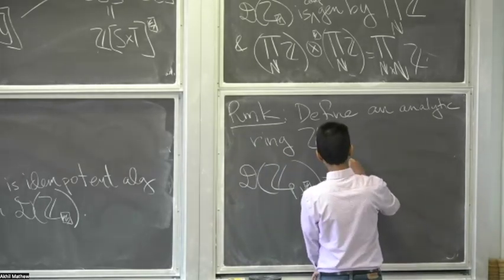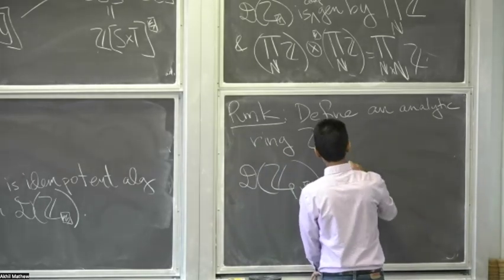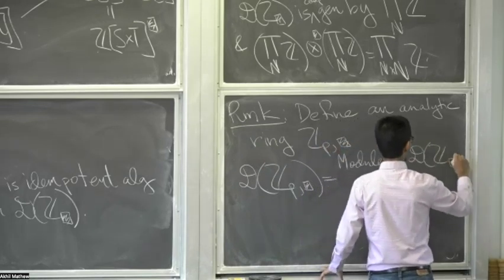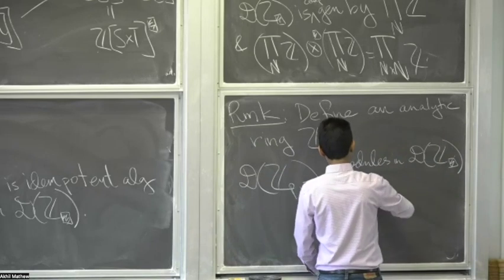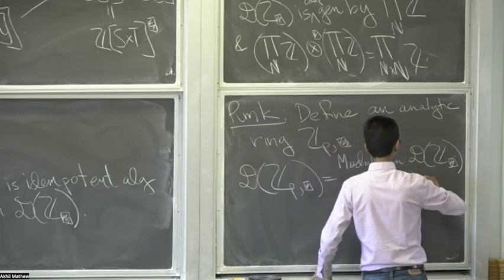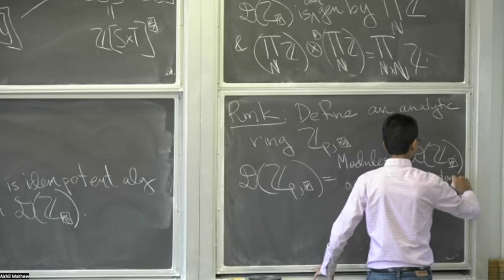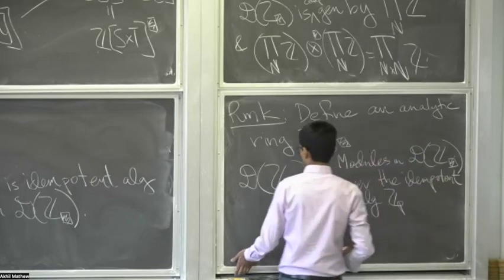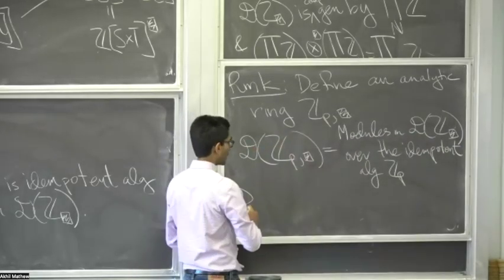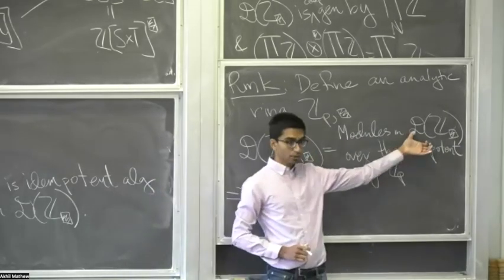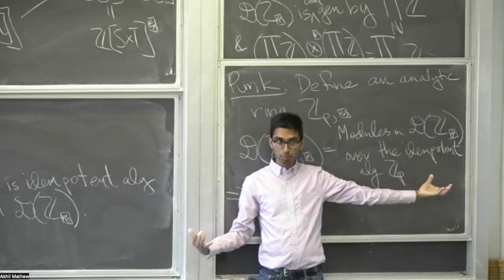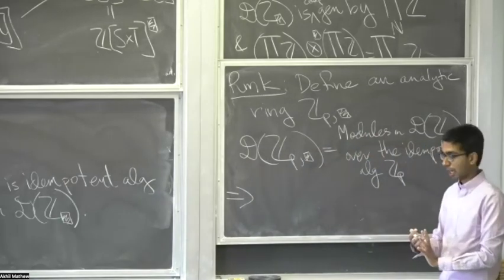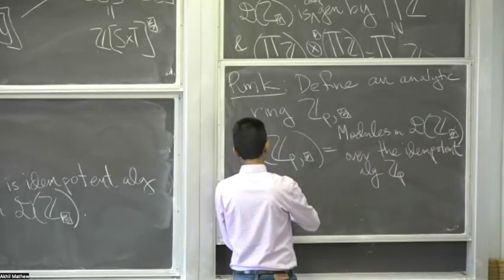So this is modules in D(Z solid) over the group algebra. And because D(Z solid) has a compact generator, namely Z[[T]], this is also going to have a compact generator, and it's going to be Z_p[[T]]. So this is compactly generated.